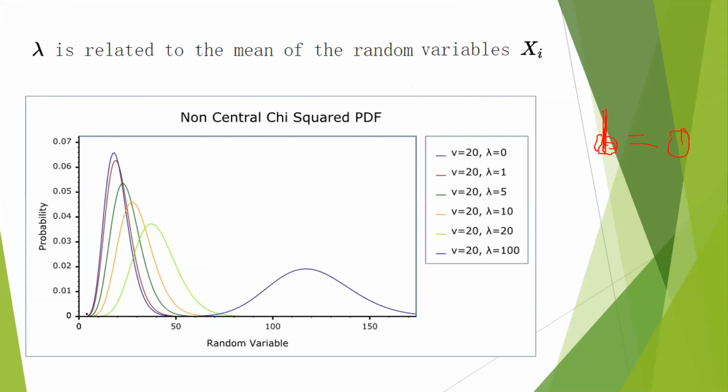We are comparing the null distribution, which is the central chi-square distribution, the first one, with non-centrality parameter equal to 0, with another chi-square distribution where the non-centrality parameter is not equal to 0. For example, this green one.